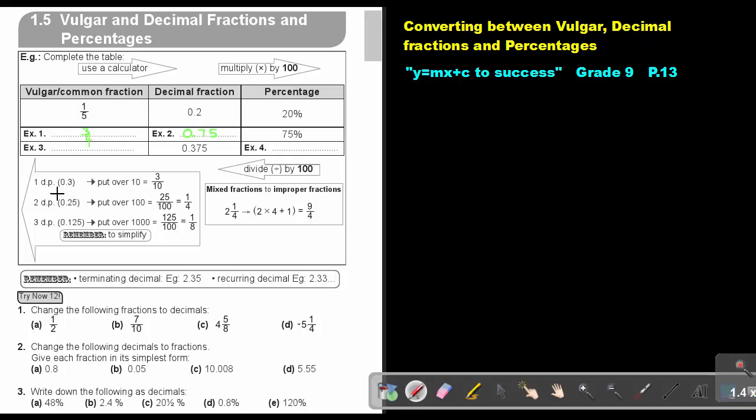Okay, let's do the next one. If I want to go to this side, I multiply by 100, so that will give me 37.5%. And if I want to go back, I will take 375, and I will put it over 1,000. And don't forget to simplify it. You can press 375 ab/c 1,000, and that will give me 3 over 8. That will be my final answer.